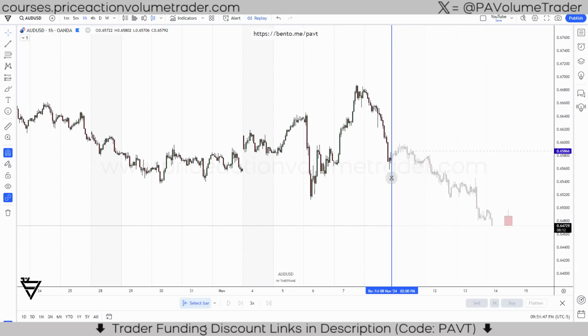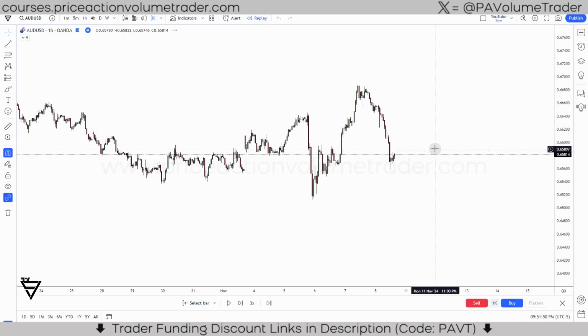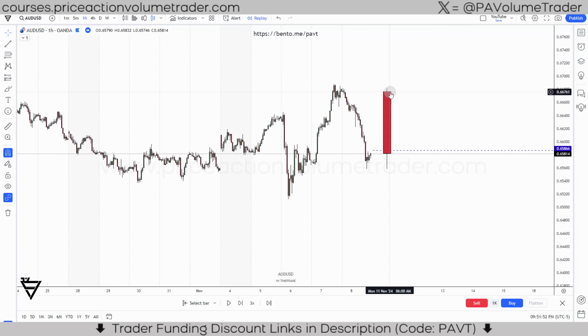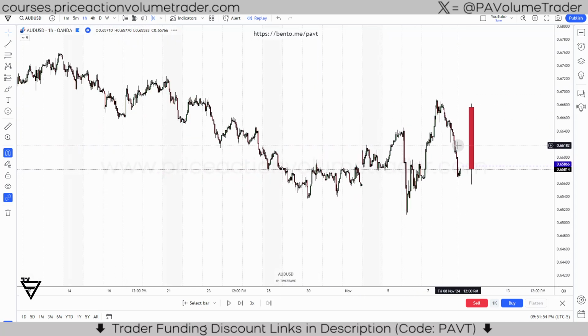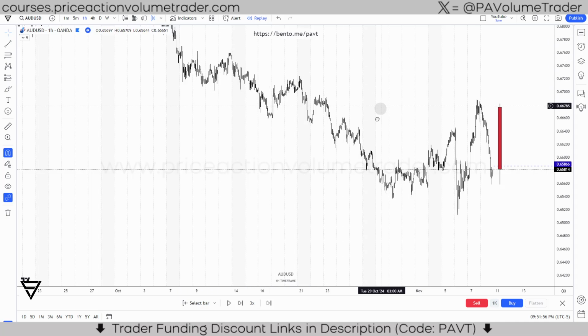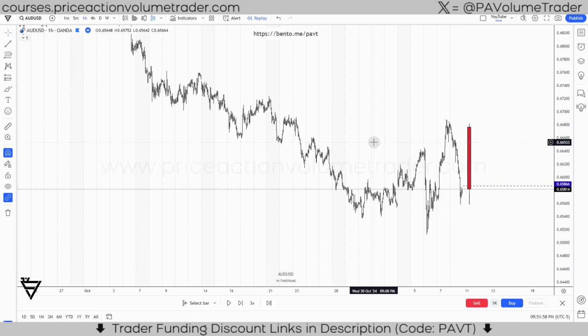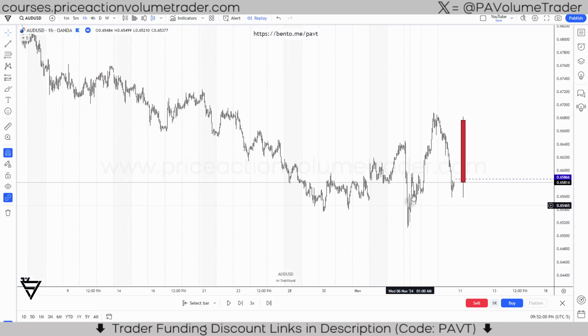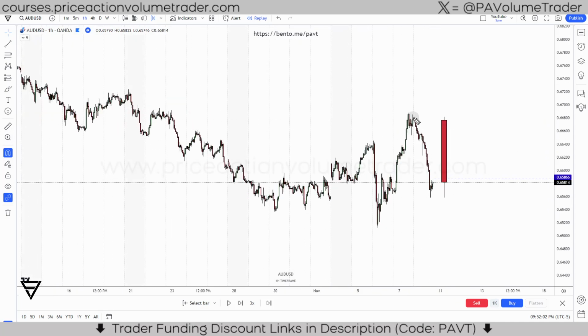So let's take the replay button. This was the daily candle that we closed in on this day. We've been having a very strong downtrend. We did have this push up, which managed to close above this previous swing high, but then we had a very strong push down over here.